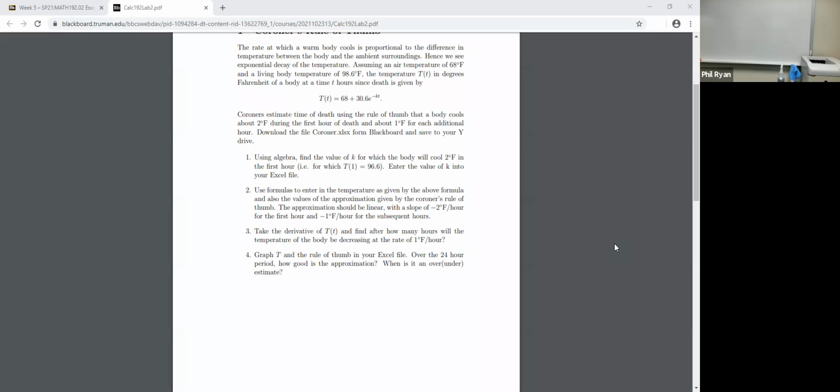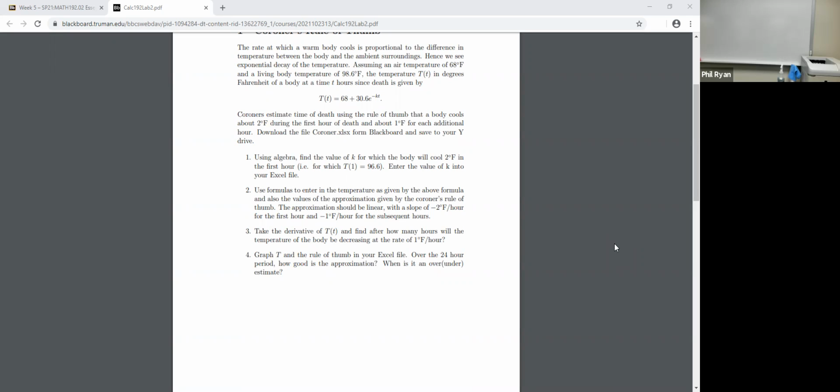What's the first thing you would do? Yeah, we can subtract the 68 and we get 28.6 equals 30.6 times e to the minus k. What's the next thing we should do?